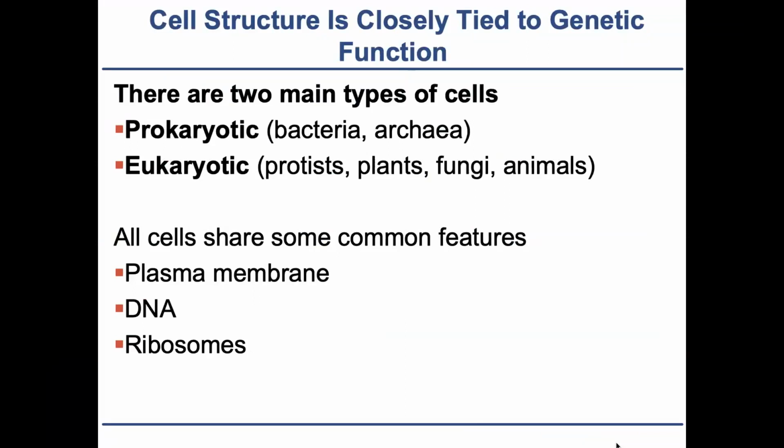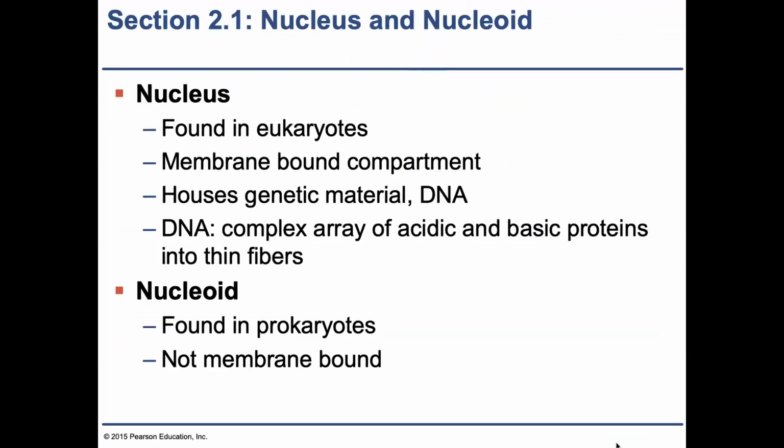There are fundamental biochemical differences and so on, but we're not going to look at it that deeply. So what is the basic distinguishing characteristic between prokaryotic and eukaryotic? Well, it's simply the idea that in a eukaryotic cell the genetic material is compartmentalized.